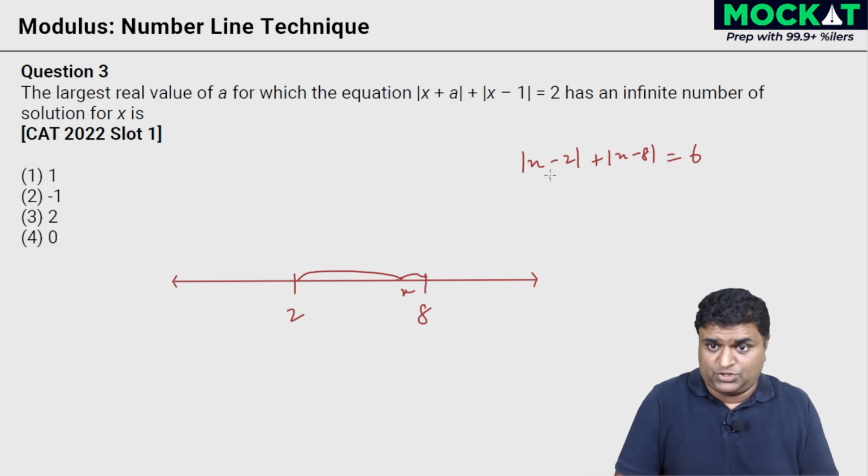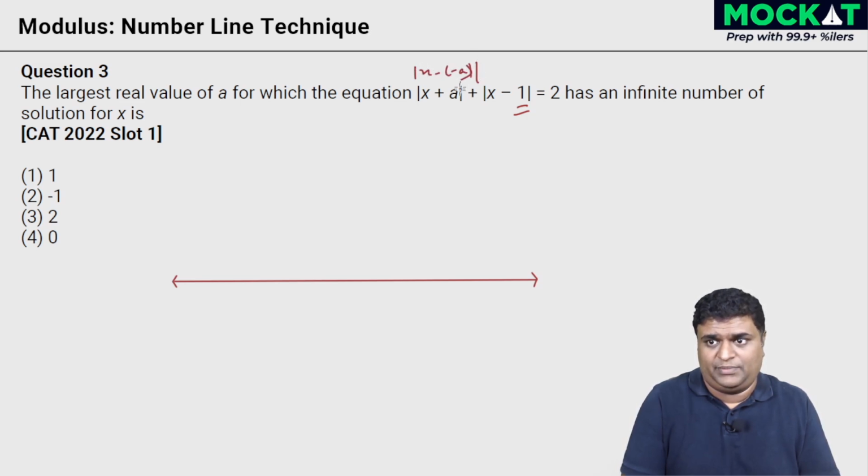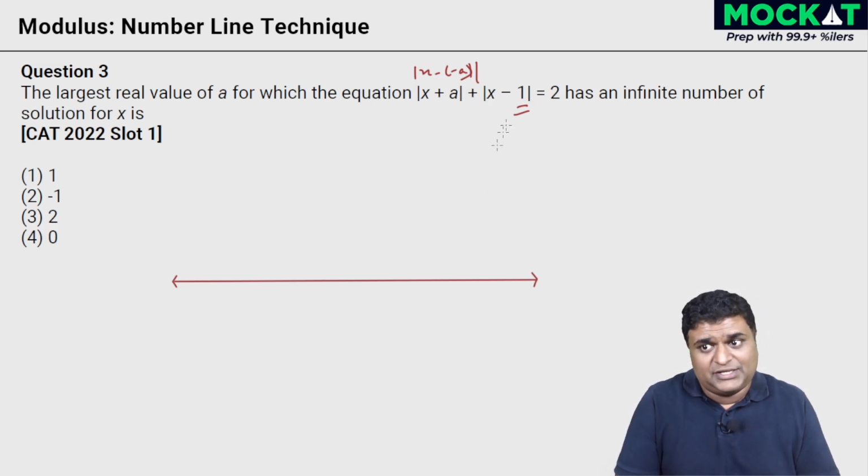So back to this question, what are they saying? Distance from A plus distance from 1. Now, is it distance from A? Actually not. It is distance from minus A. Yeah, we got to be careful over here. Plus has been used. So distance from minus A and distance from 1, equals 2, has infinite solutions. This is a part where it might be tough for some of you.